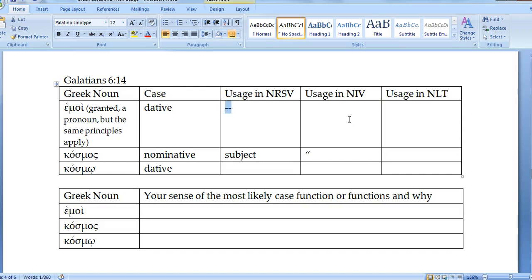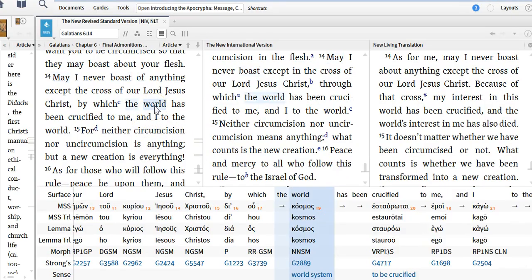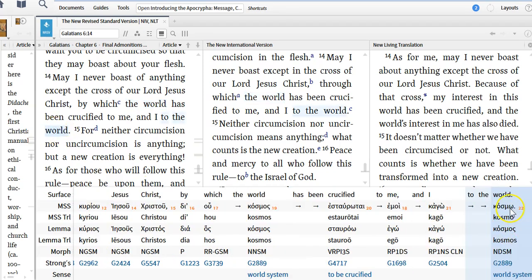But I'm not going to try to find any particular label here, because whatever I could come up with would be false. By which the world has been crucified to me, and I to the world. The second "world" here, kosmo, is also a noun in the dative case.